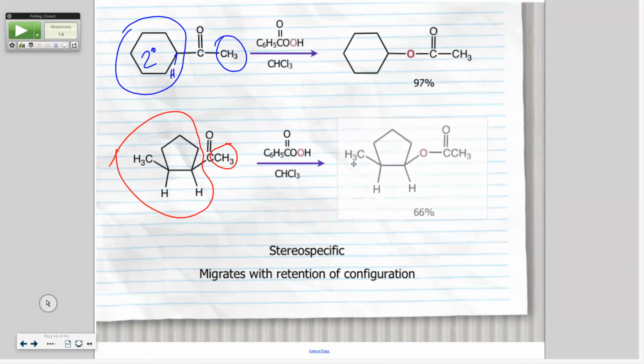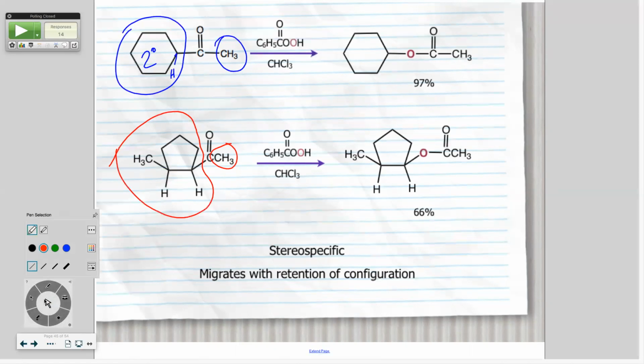And I want you to notice that the carbonyl carbon was up over here. Notice that the O is up over there. We migrated and kept our stereocenter the same. That's called retention of configuration, when it stays the same.